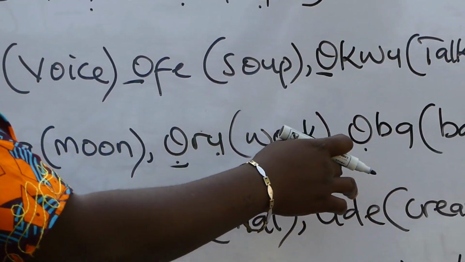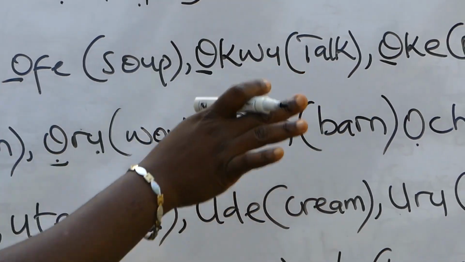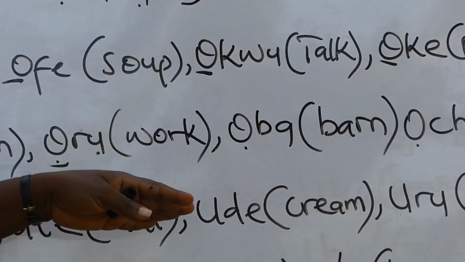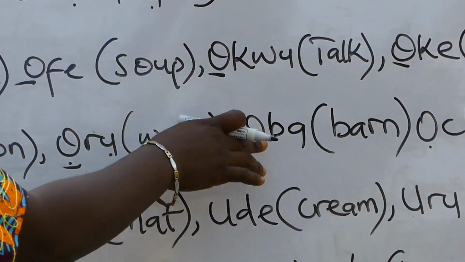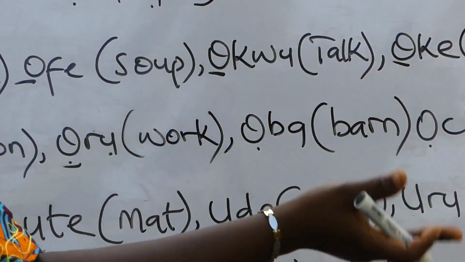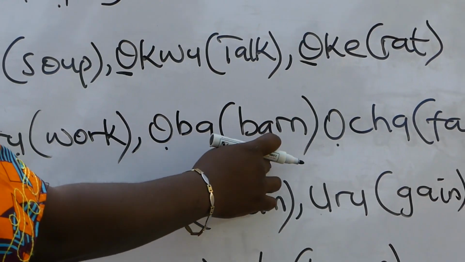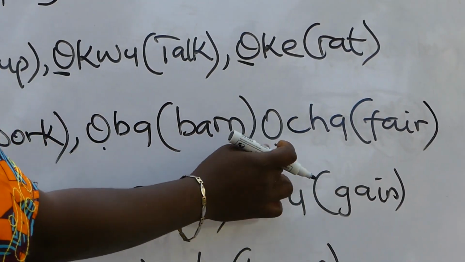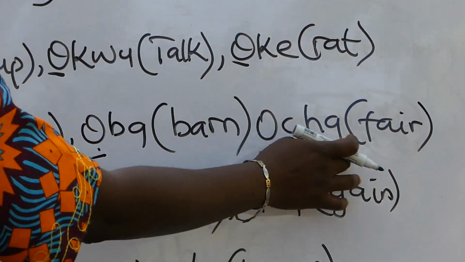Ọba, barn, where we store yam or cocoyam in the village. Yam barn, that's what we're talking about here. In Igbo we call it Oba, Obaji, Obede. Osha, Fair.